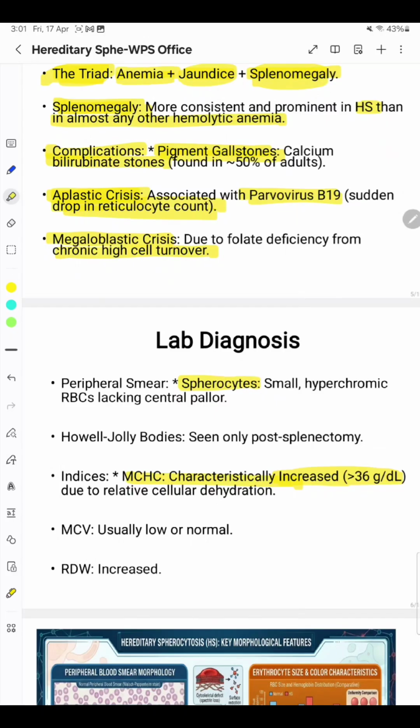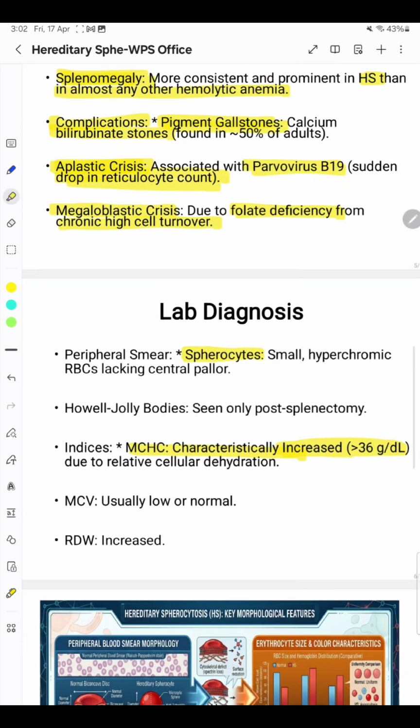There is increased hemolysis, which promotes the bone marrow to form new erythrocytes. So there is erythroid hyperplasia, and high cell turnover may result in folate deficiency and a megaloblastic condition.